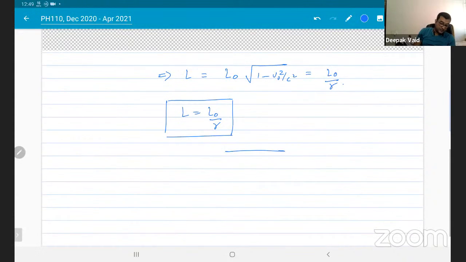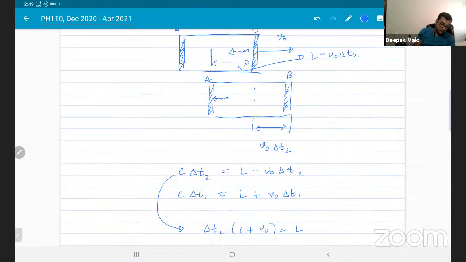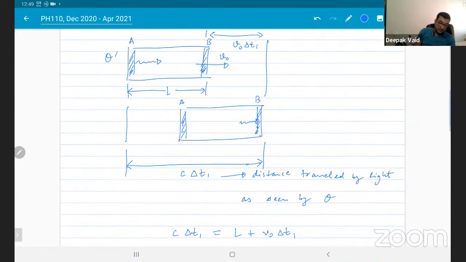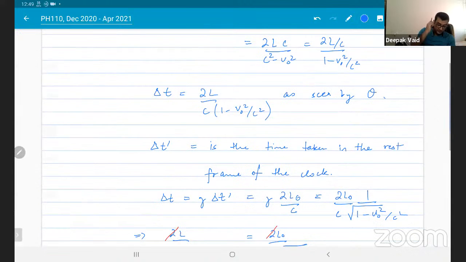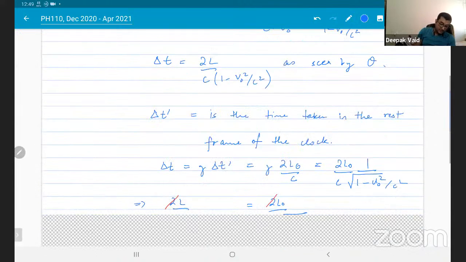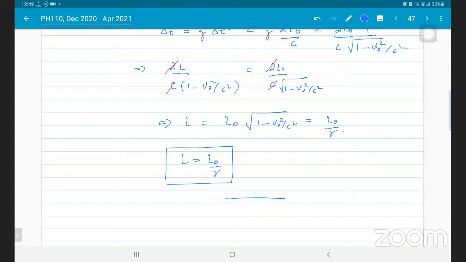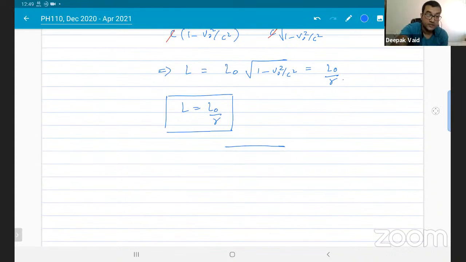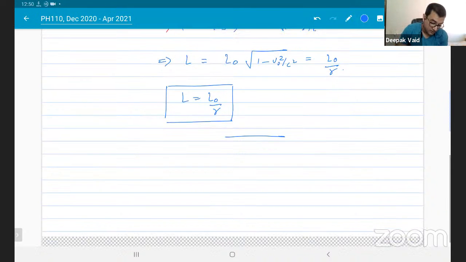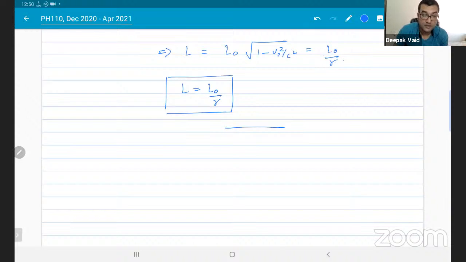Okay, so this derivation is, I think, much easier to follow personally, but the only problem with it is that it relies on the time dilation result. So you might not like this fact too much, but anyway, it works out. Now we can ask what some applications of this length contraction are.